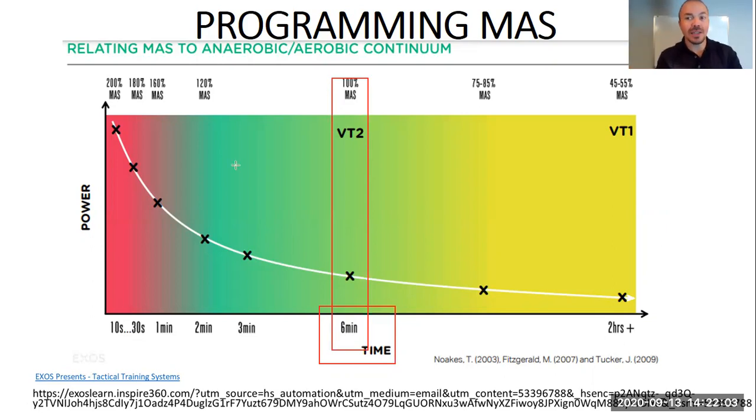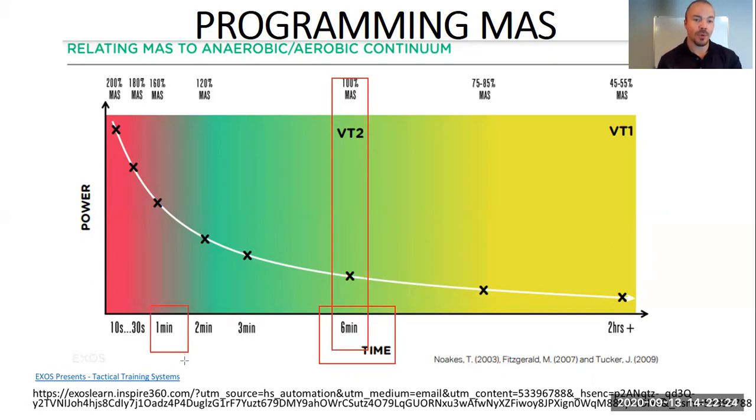So let's say you did a 6-minute run and you want to start programming interval work, because remember, intervals are one of our best ways to raise our VO2 max or our ability to utilize oxygen. Let's say you did a 6-minute run, but you decide you want to program for 1-minute intervals.